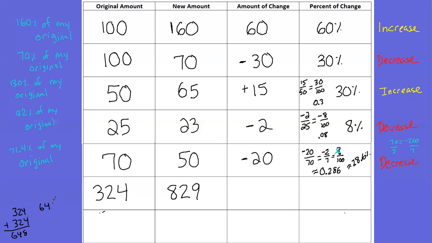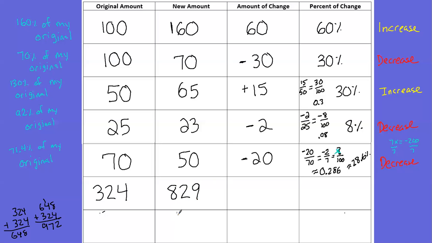Let's add another 324 on top of that. That would be a 200% increase. So let's see what I end up with there. That would give me 972 for a 200% increase. So this 829 is somewhere between a 100 and a 200% increase. All right, let's actually calculate what it is.